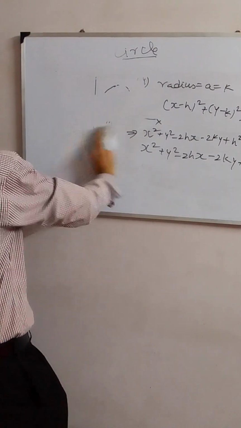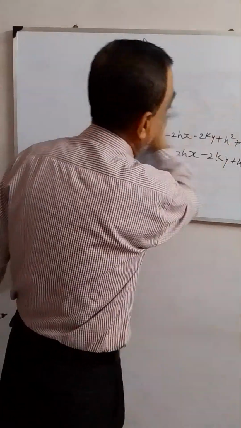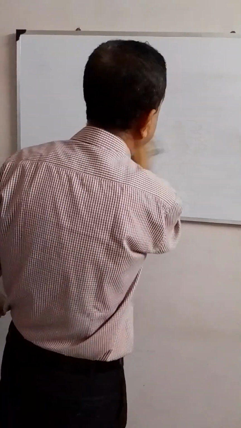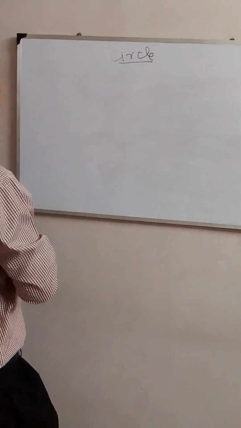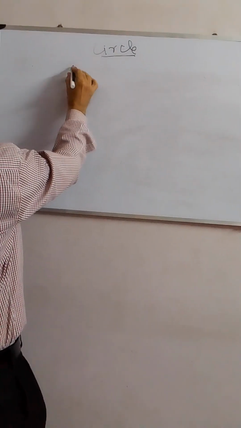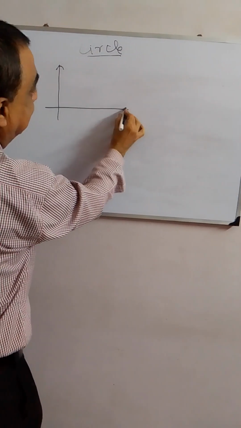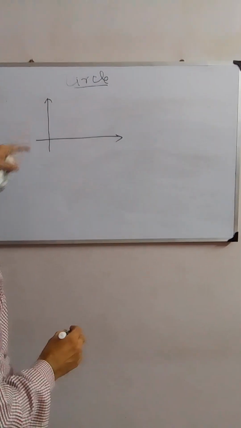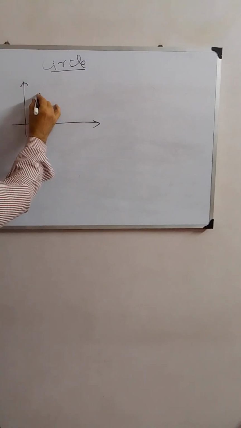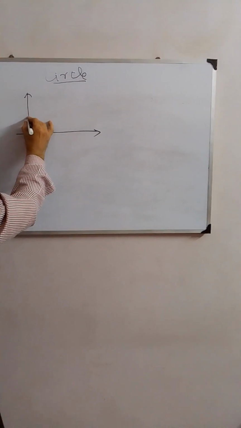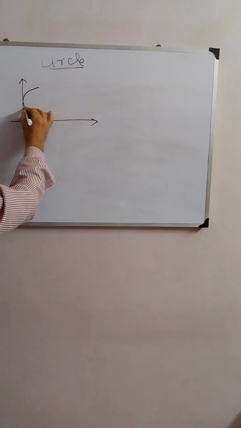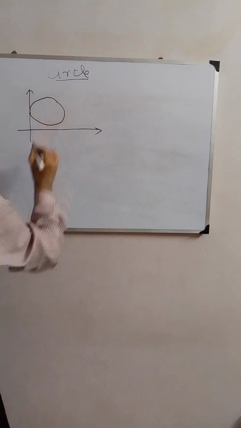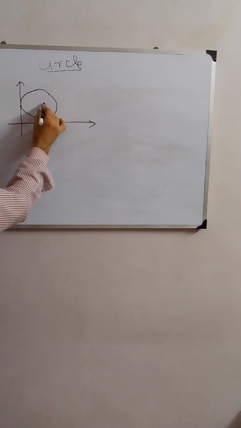Now I am taking the next case, when the circle is touching the y-axis. What will be the equation of the circle there? Now see here, these are the coordinates. Here the circle is touching the y-axis.